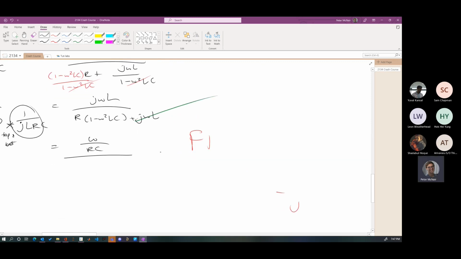And then if you follow this through, we get omega on RC, that's from this term here. And then we get minus J, because this J sort of comes up into here, multiplied by 1 on LC, so that's this 1 here, and then minus omega squared, because the LC and R all cancel.